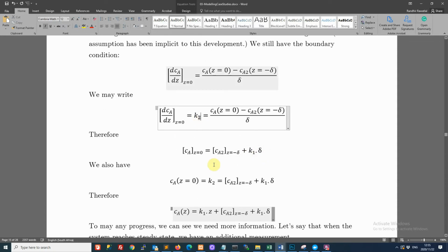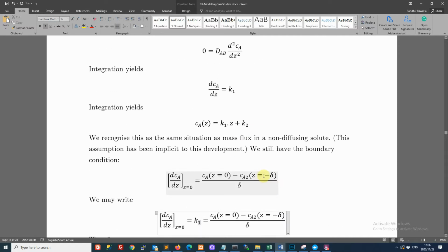This should be k1. And then all this is what we just talked about. If you rewrite this, you can multiply the delta by the k1, and you can say C_A at z equals 0 is equal to k1 delta, plus C_A2 at z equals minus delta.